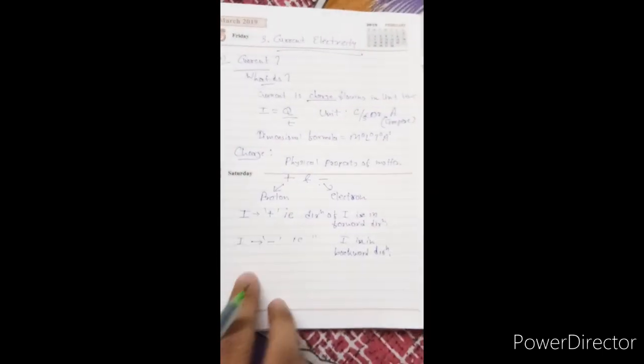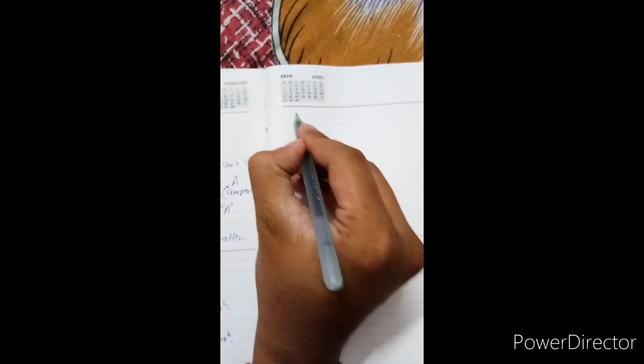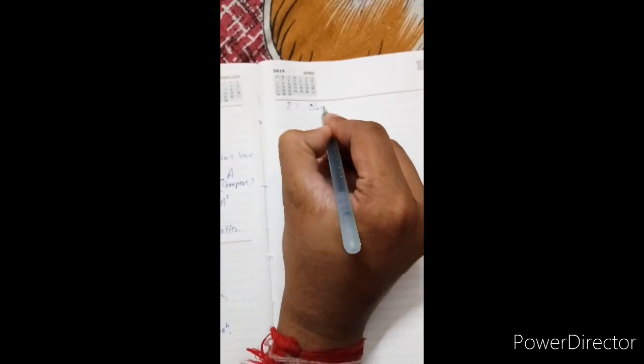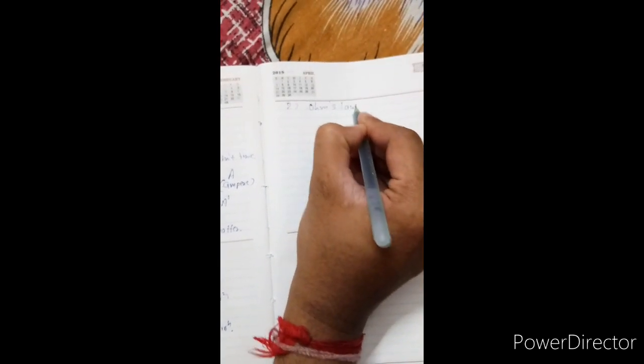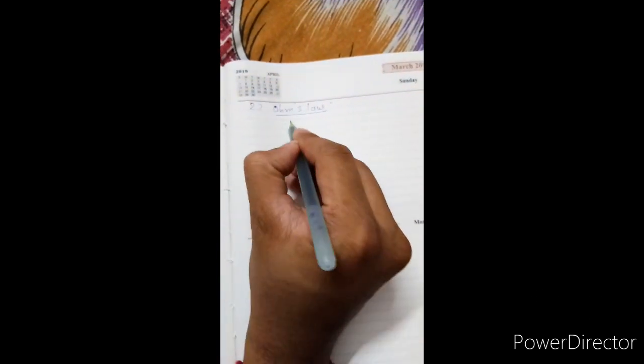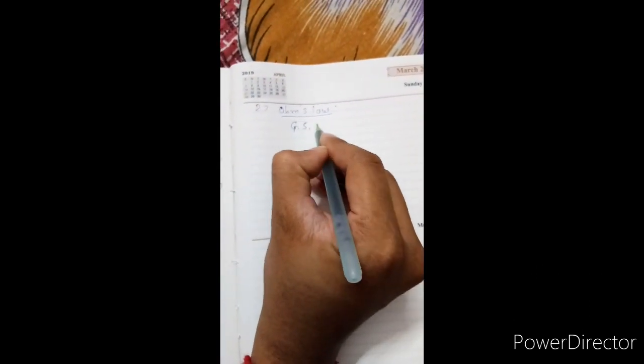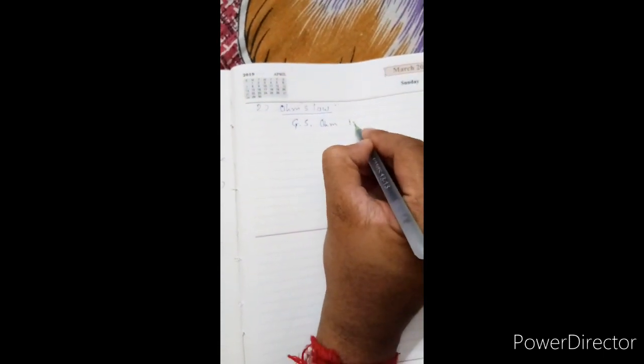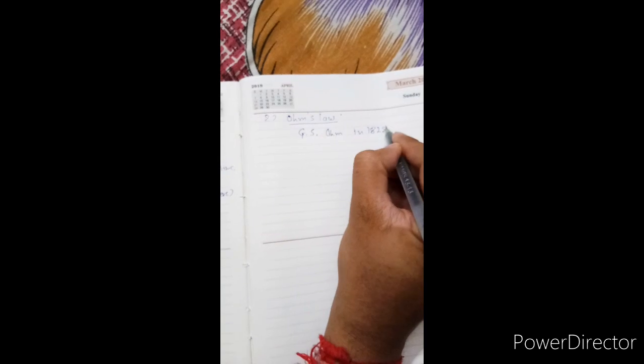Let's move to the next topic, and the next topic is Ohm's law. You have already learned this Ohm's law in standard 10, that Ohm's law is derived by the scientist George Simon Ohm in the year 1828.